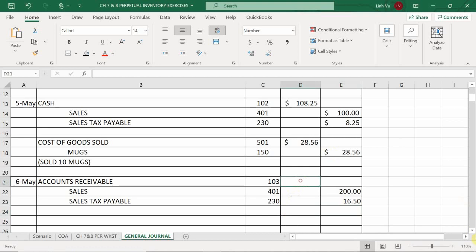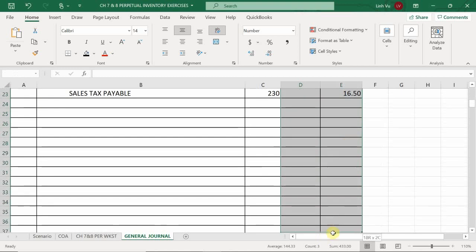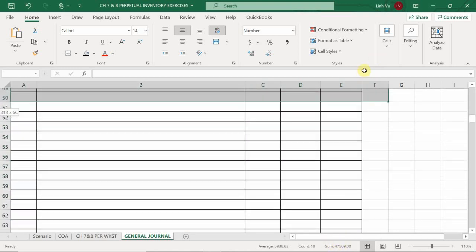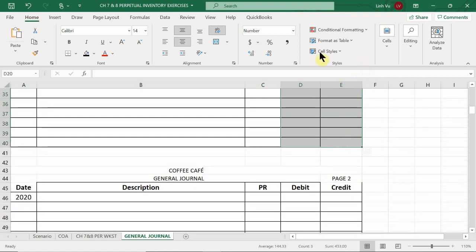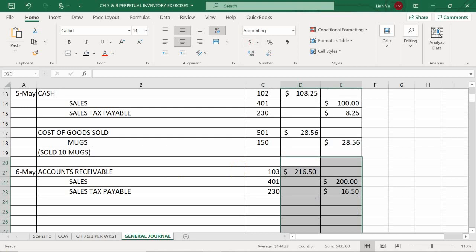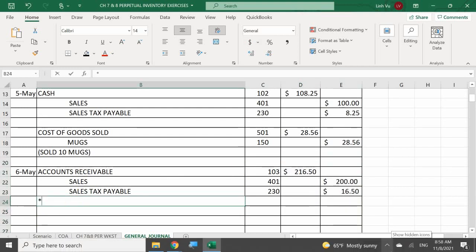So then how much does customer A owe us? 216 and 50 cents. Okay? I thought I dragged it all the way down here, but I guess I didn't. Oh, nope. There we go. Okay, so they owe us 216 and 50 cents. So here, I'm going to make a note because I sold to customer A on an account.